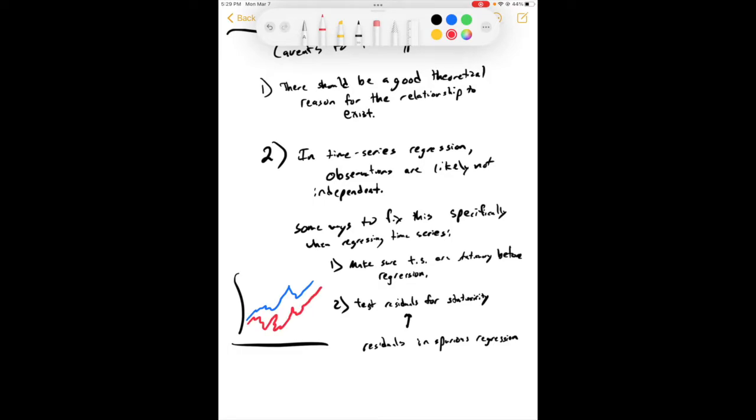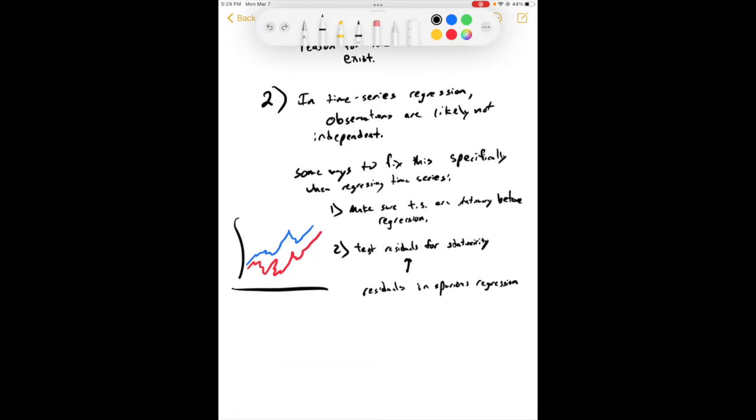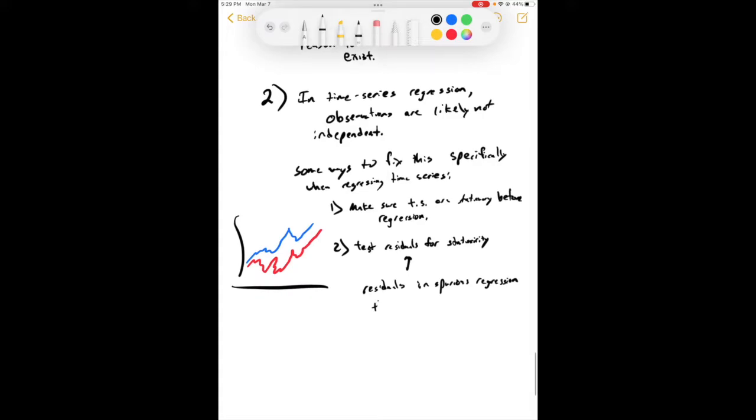Now, those both have an upward trend, right? So in a spurious regression, your regression might be finding the trend rather than the actual relationship between the two. So residuals in spurious regression theoretically are not stationary.